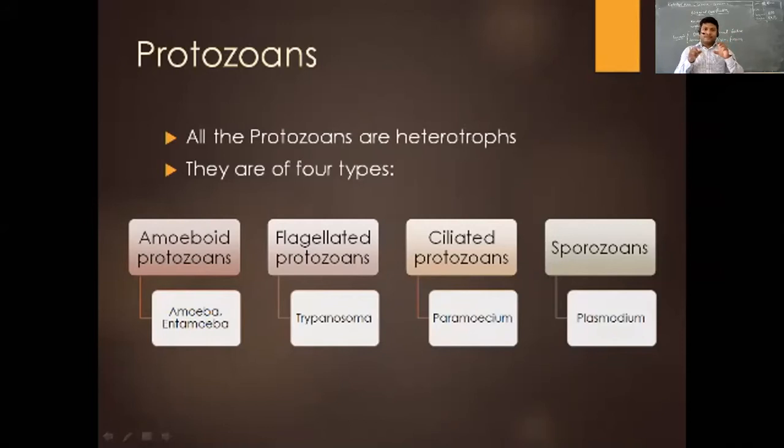For example, we have the amoeboid protozoans, and one example is the amoeba, also the entamoeba. Remember, there is a disease caused by this entamoeba, for example, Entamoeba histolytica, that is the organism, and that causes amoebic dysentery. So many of these amoeboid protozoans act as parasites, right?